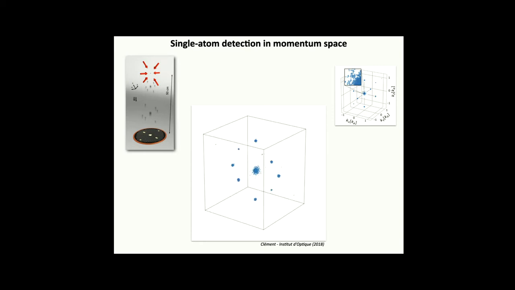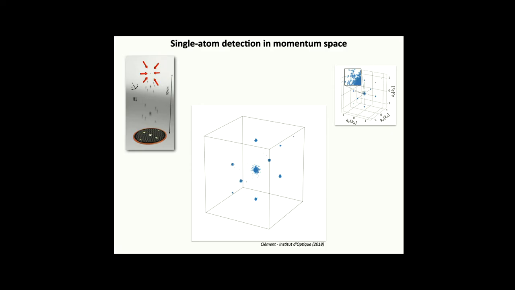So for each individual atom, we have 3 coordinates that allow us to rebuild, assuming ballistic expansion, the 3-dimensional momentum of this atom. This is a picture of a Bose-Einstein condensate in a 3D cubic lattice. Each tiny blue dot is a single atom. And these different patches are the diffraction peaks that we have already seen in the 2D absorption images.